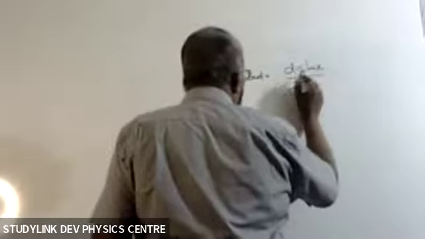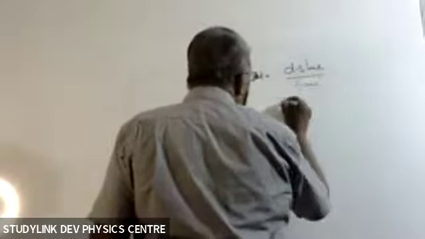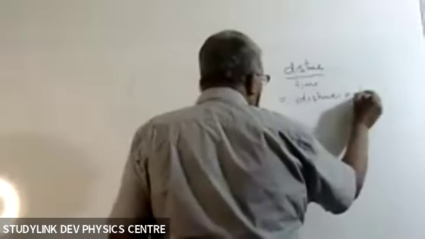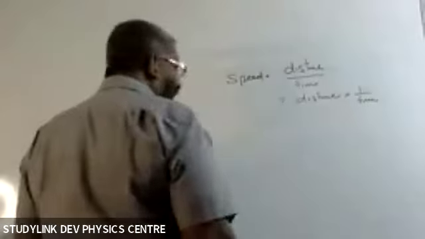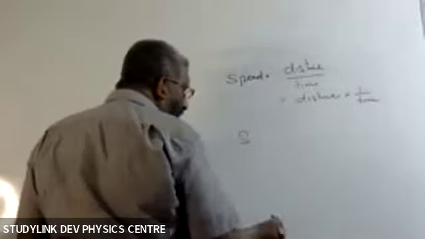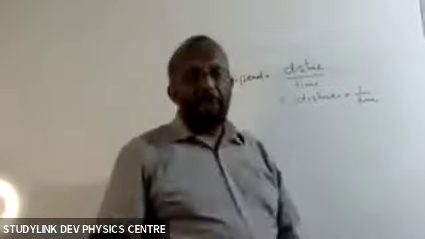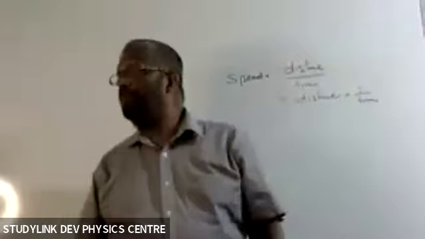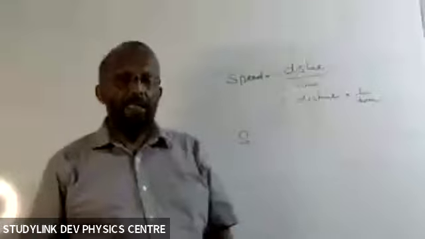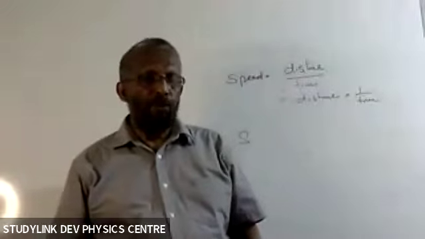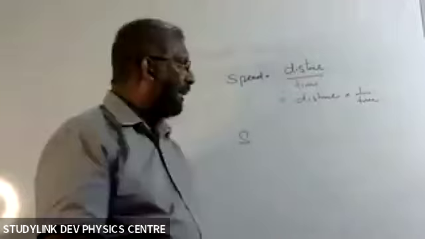So then speed, don't write, is distance divided by time. Distance into 1 over time. Before that, a theory like that: the product of two scalars is a scalar. Then write, the product of two scalars is a scalar.